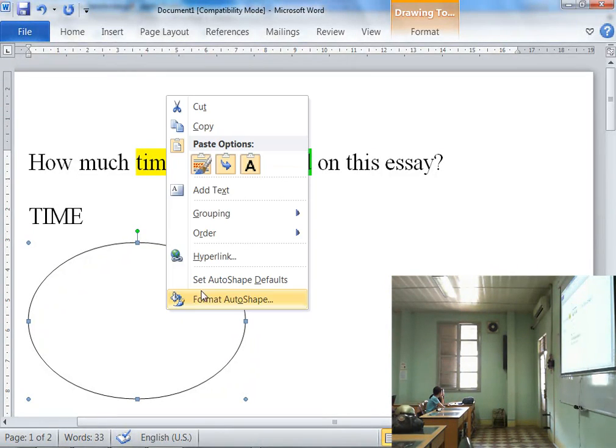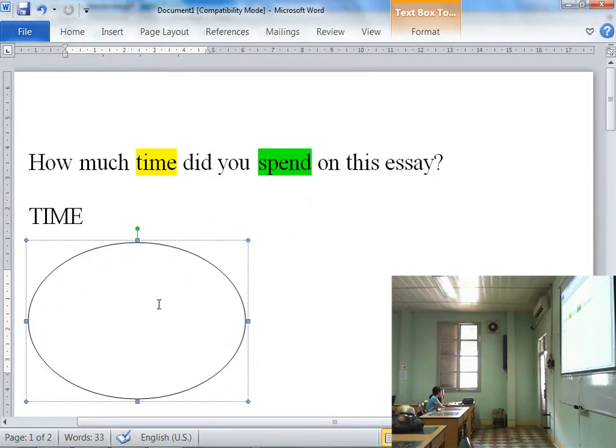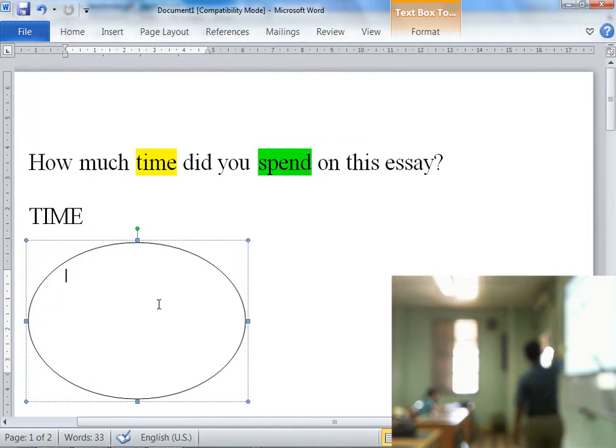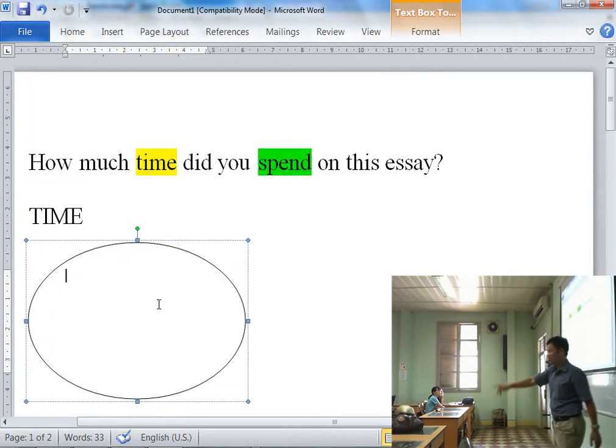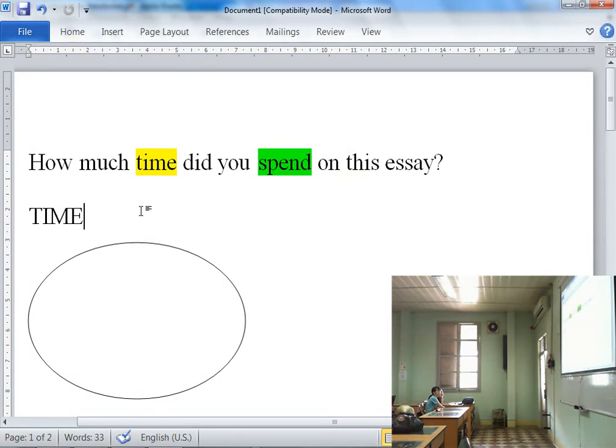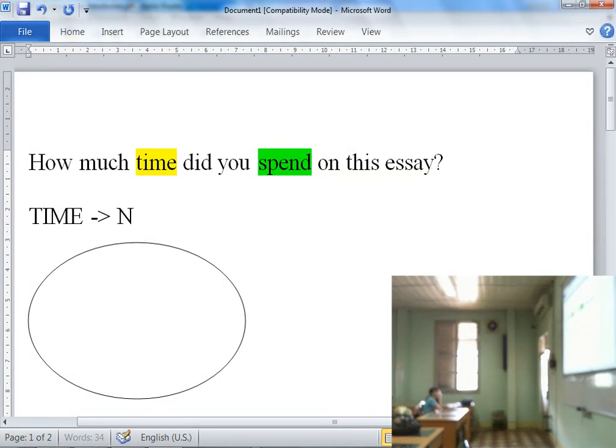So let's say I have a domain of time. What is time associated with in this case? Yeah, good. Time is associated with money.